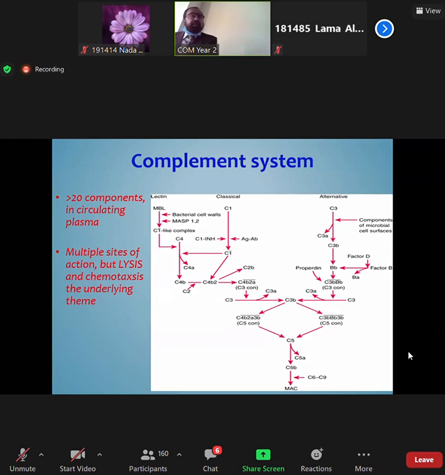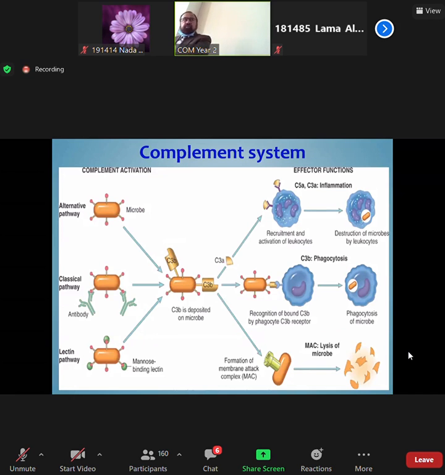And there's C3b which goes on and then activates C5. This C5 again is converted into two, C5a and C5b. C5a goes up with C3a, causes anaphylatoxins, and C5b goes down and activates C6, 7, 8, 9 and forms the membrane attack complex, MAC. Okay, so this is what is written here in your Robbins book.